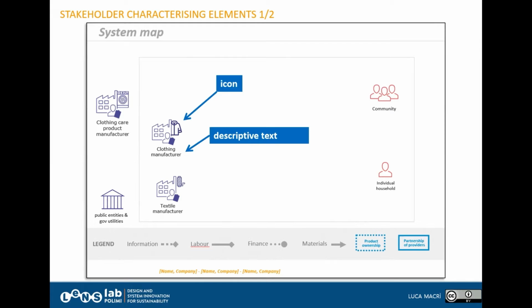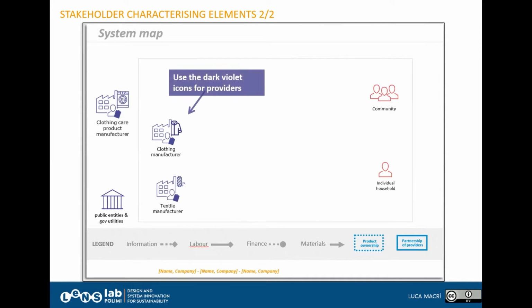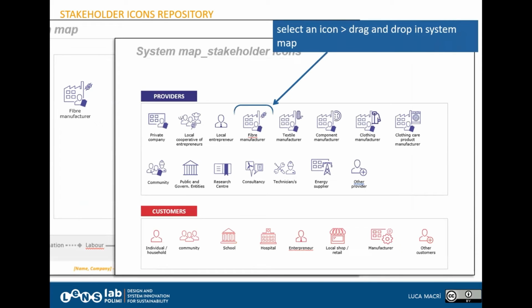Okay, sorry. You see also there is a difference in color because the final diagram is going to be complex, so you need a direct visual representation of the difference between the stakeholders. The violet is for providers and the magenta is for customers, for example.